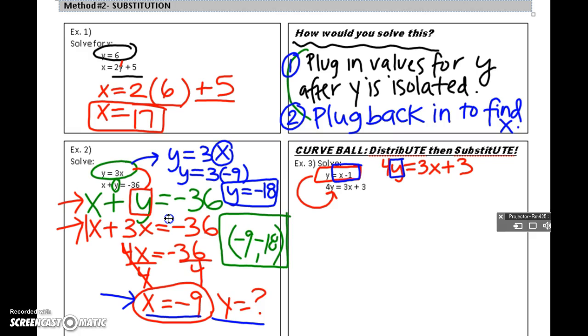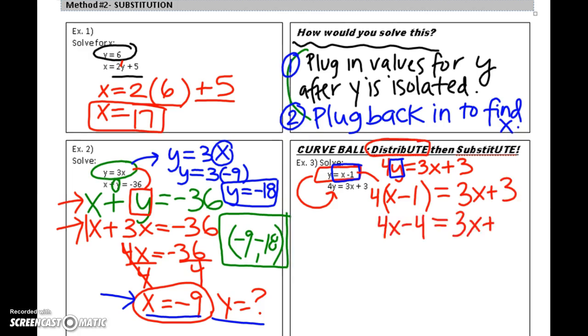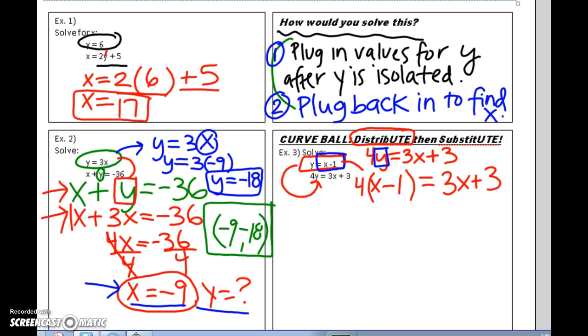So now I have 4 times x minus 1 equals 3x plus 3. Then I need to distribute this 4 to both terms inside the parentheses to get 4x minus 4 equals 3x plus 3.